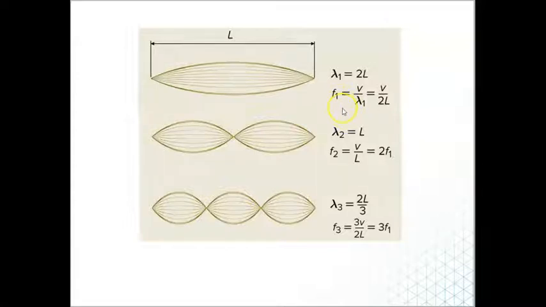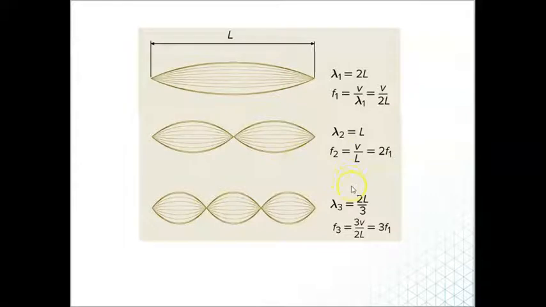Now, if I'm going to have the second harmonic, in this case, as you see, lambda 2 equals L, which makes the frequency of the second harmonic equal to v over L. Eventually, I will find out that the frequency of the second harmonic is twice the fundamental frequency.